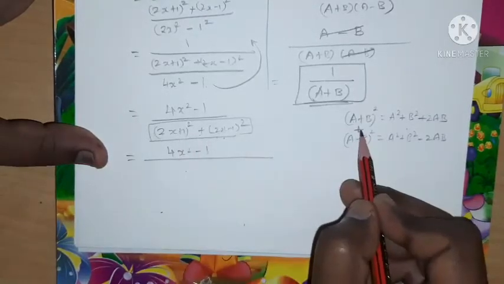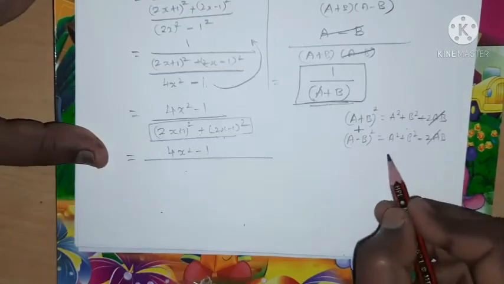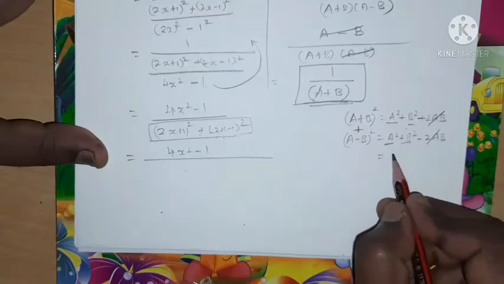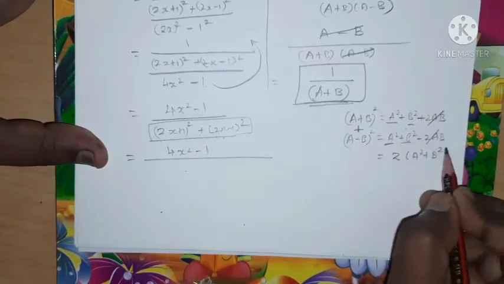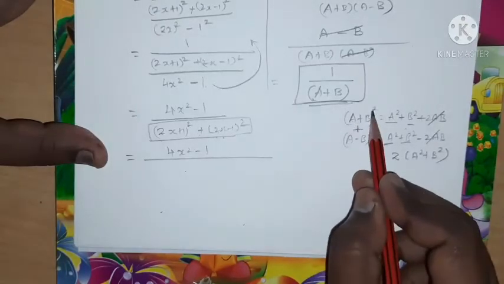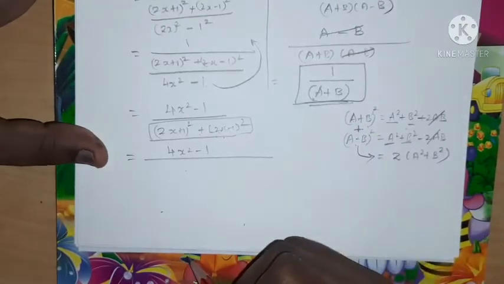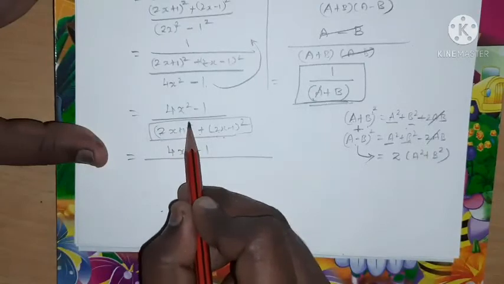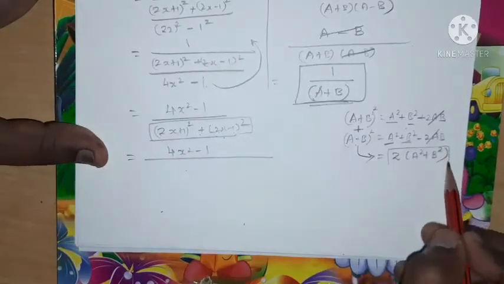If I add these two, what will we get? The plus 2ab and minus 2ab will cancel mutually. So we have 2a² and 2b². So 2 I can take common: a² + b². So (a + b) whole squared plus (a − b) whole squared can be written as 2 into (a² + b²). This is also one of the formulas, right? So in place of (2x + 1) whole squared plus (2x − 1) whole squared, I am going to substitute this formula.